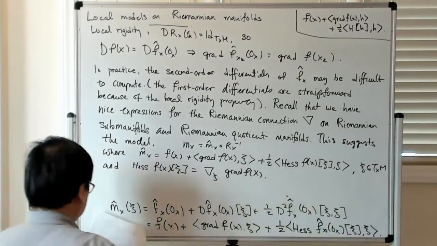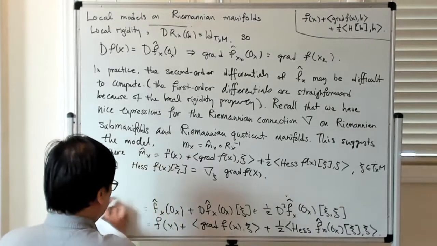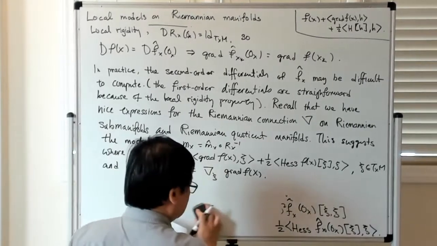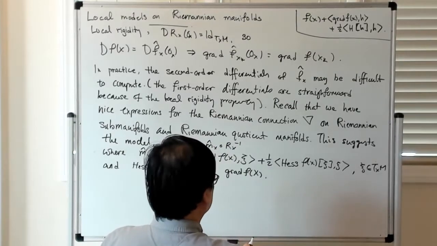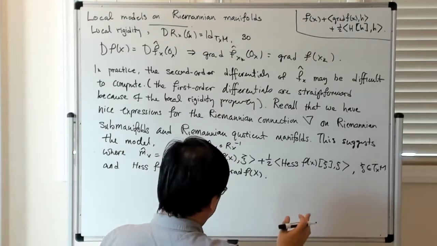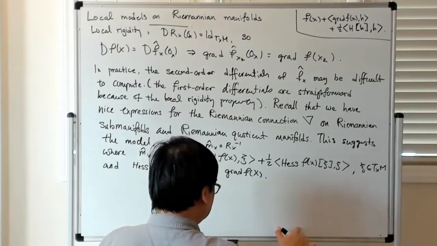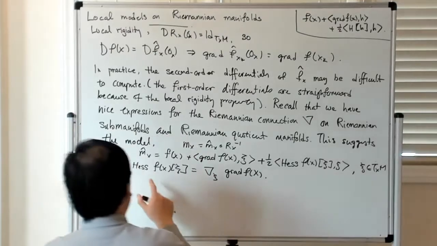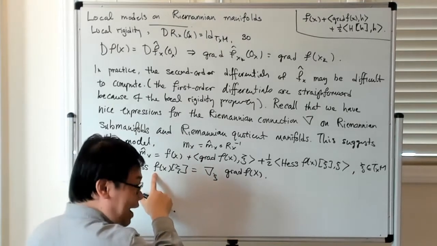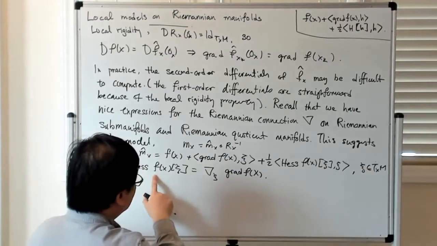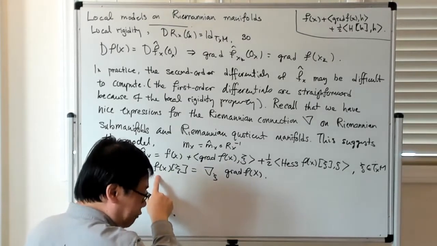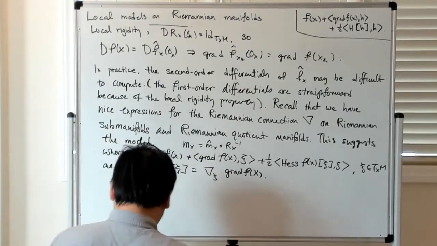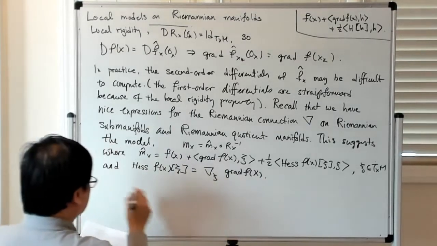And why is that? It's because, in the expression we had, we had taken the Hessian of f hat, and what you've done is to replace that Hessian with the Hessian of f instead. So that's the problem.